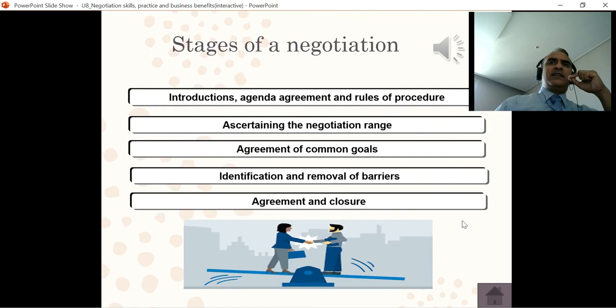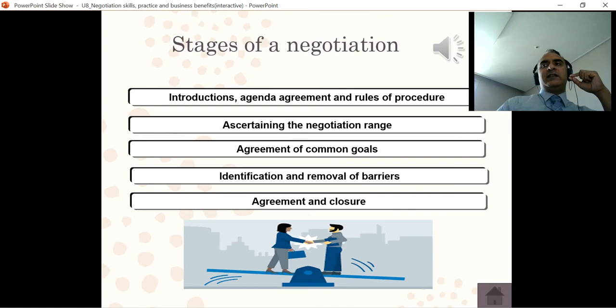So we have the stages of negotiation. First of all, we already decided to meet. We're going to talk about who we are, what we want, why we decided to carry out this negotiation. We are going to set up within the negotiation terms what is right and what is not, because if we go out of that range, that means I don't want to negotiate anymore, right?